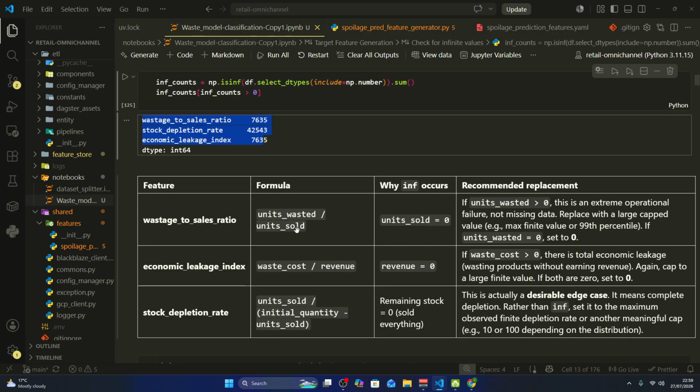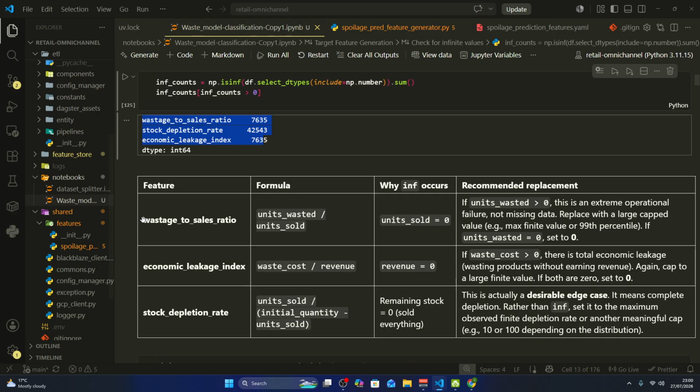If the units sold was 0, that means we didn't sell any units of this particular category. If the units sold is 0 and we divide the units wasted by that, we get an infinite value. To avoid that, we look at that specific column and take the maximum value or the 99th percentile and do the replacement.